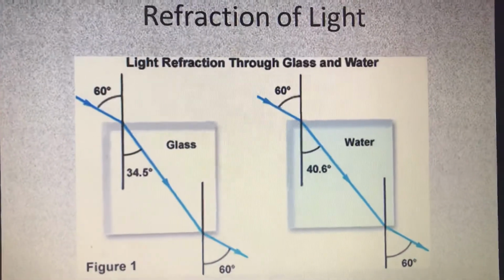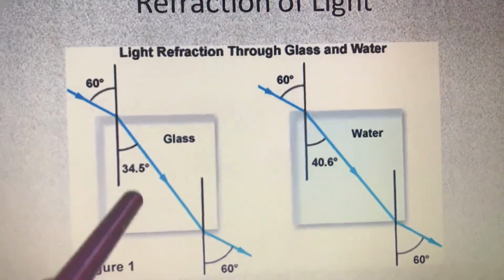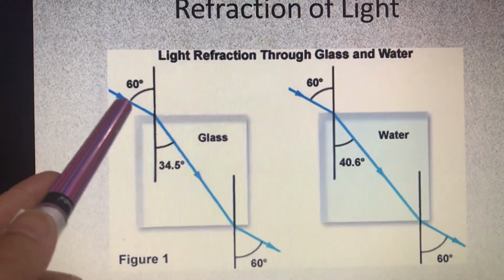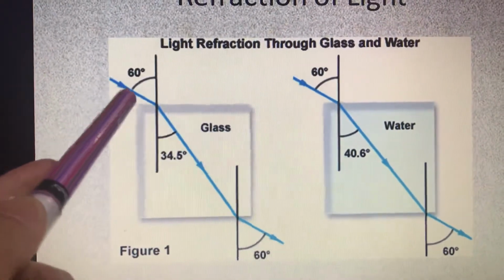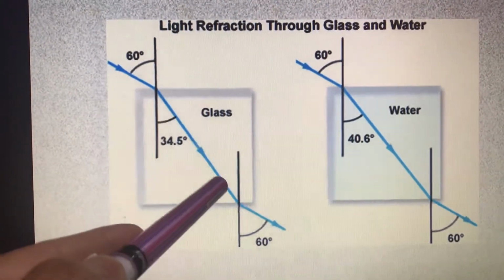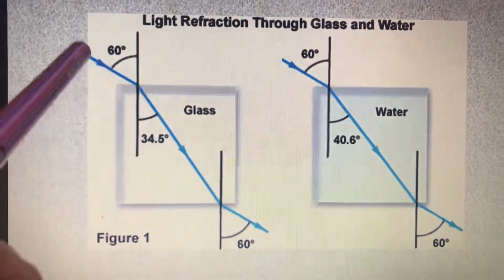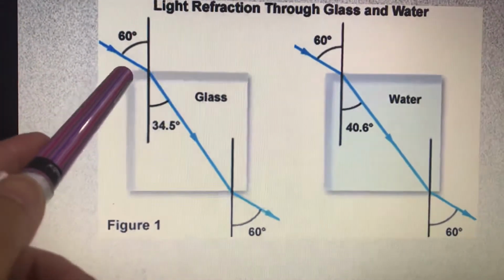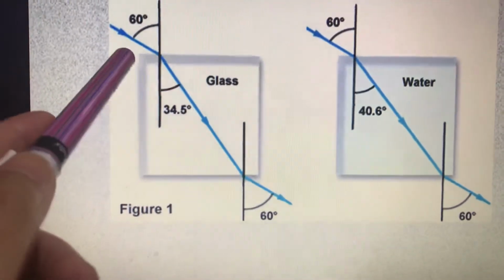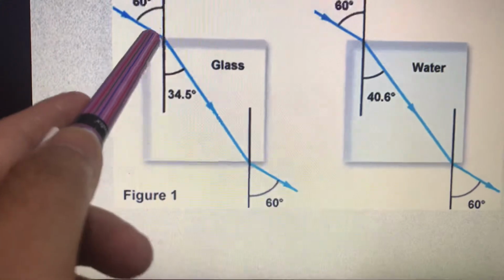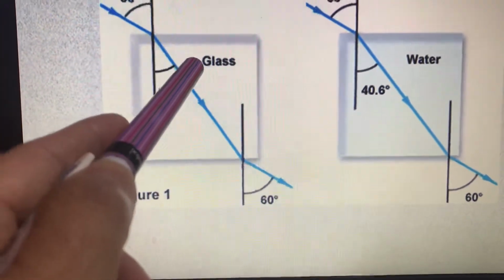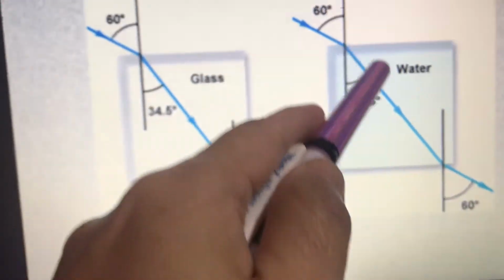Now why does this ray of light bend? When it is traveling from one medium to another, the speed of light changes, and because of that this bending takes place. This is the boundary which separates the two media, air and glass, and in this case air and water.